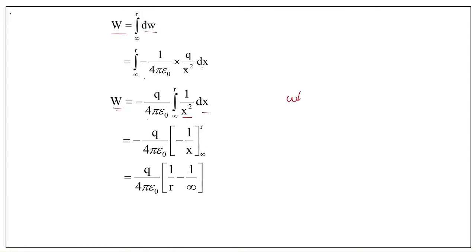On simplification, integration of 1 by x square is equal to minus 1 by x. Substituting in the above equation, we get W is equal to minus Q by 4 pi epsilon naught into bracket minus 1 by x, infinity to r.